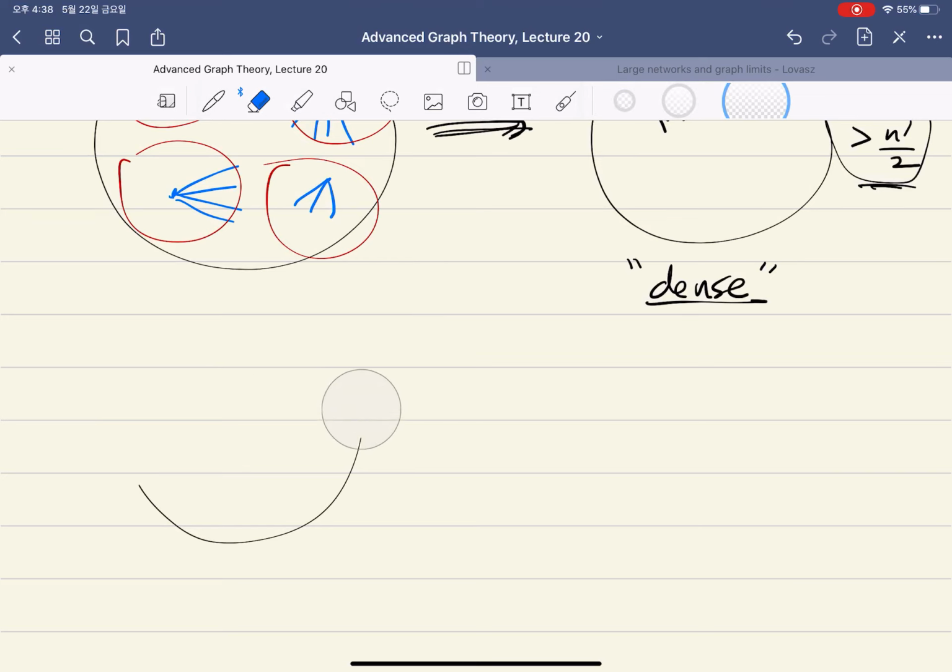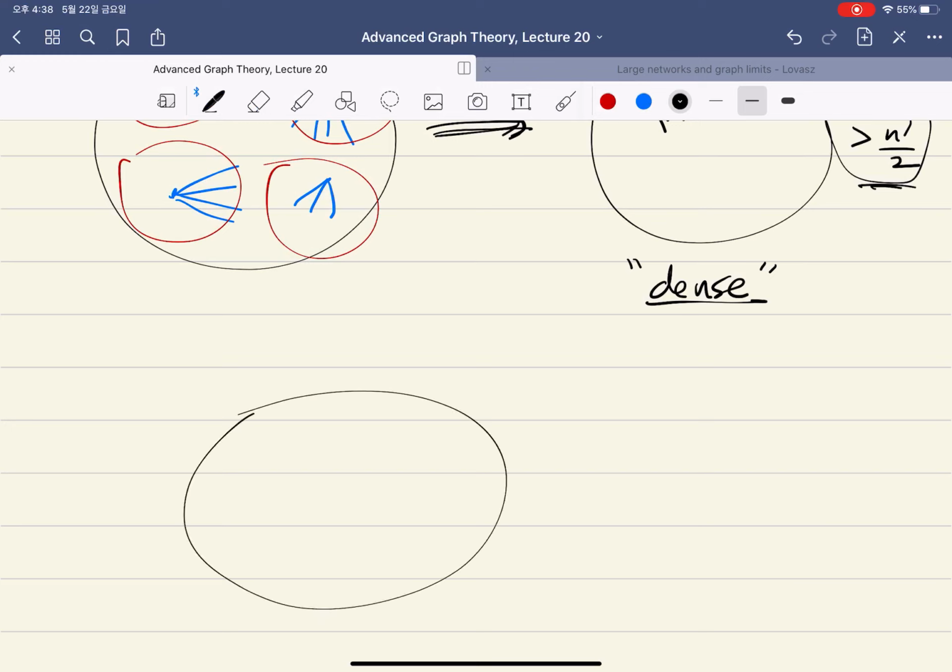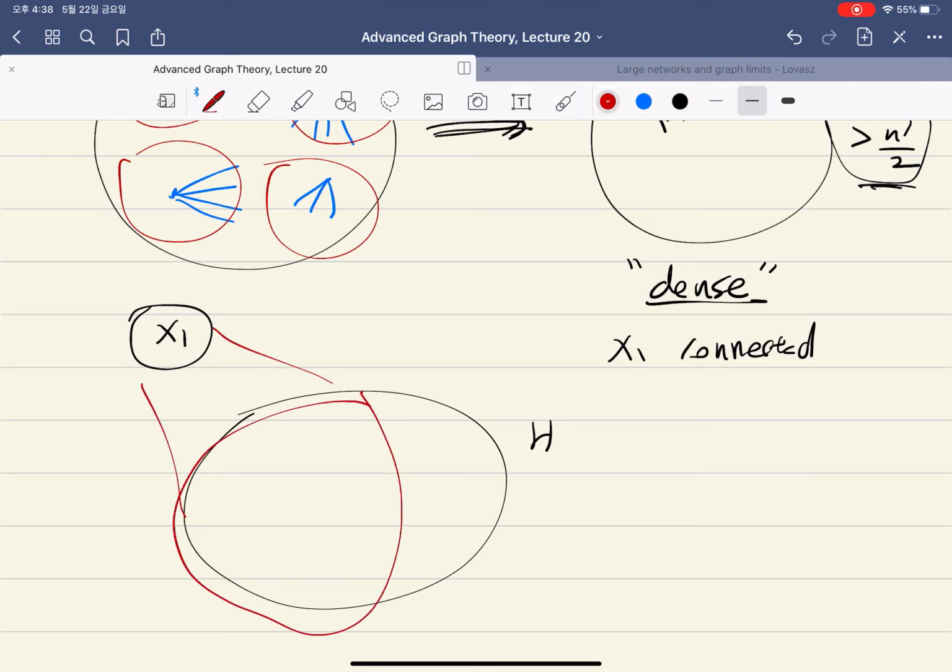Now, if we have this graph, let's again call this H, what we do is we take some vertices X1, which forms a connected subgraph. So X1 is connected, and moreover, this dominates many vertices here.